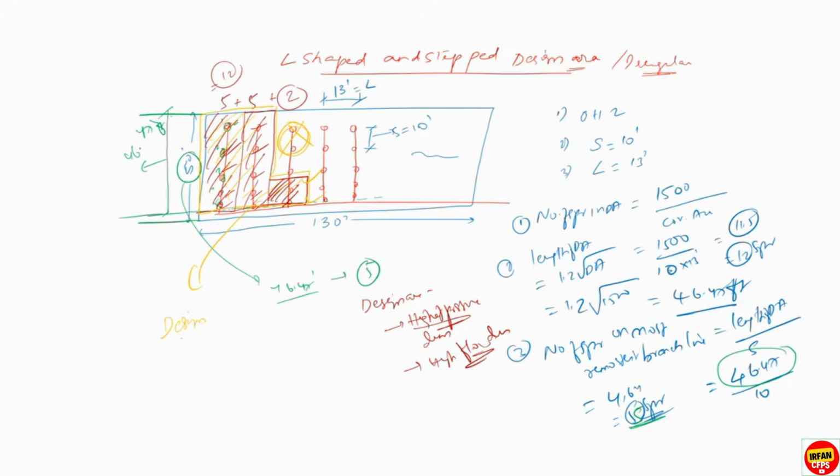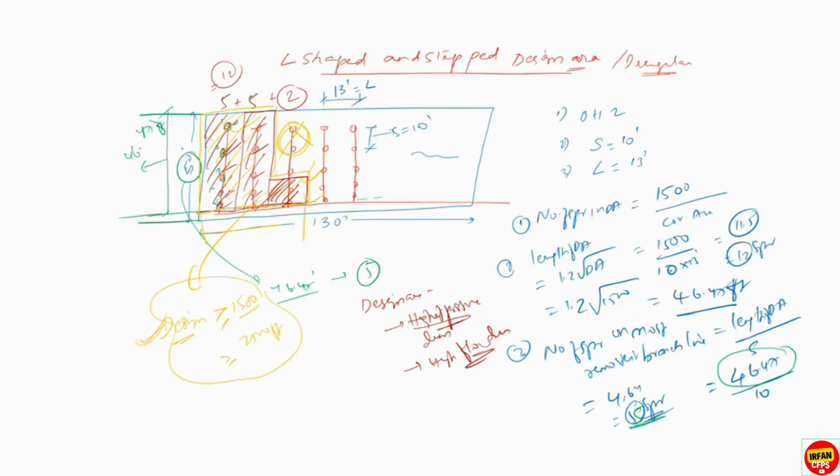This design area, as I told you again, shall be more than or equal to 1500 square feet for light and ordinary hazard, and 2500 square feet for extra hazard. So you need to measure the dimensions and get the area. Based on that, you need to verify. You have to satisfy this condition also.